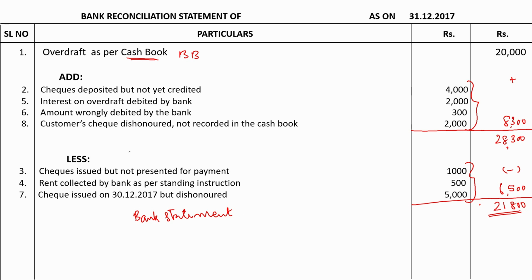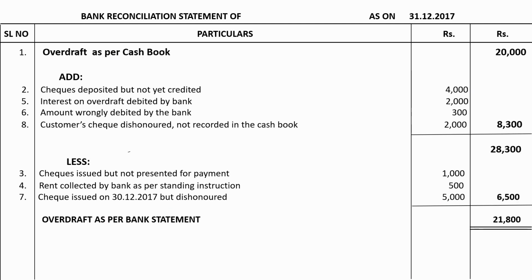Here we are getting a positive amount. 28,300 minus 6,500, we got a positive answer. When the answer is positive, we write it as overdraft as per bank statement. Hope you all understood how to solve a sum starting with overdraft as per cash book.